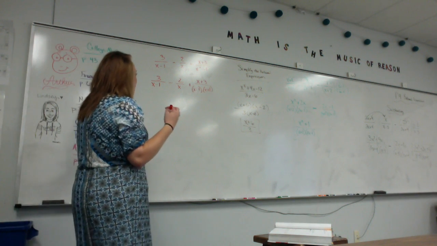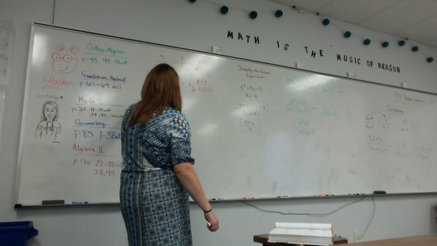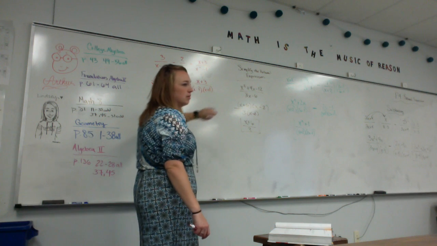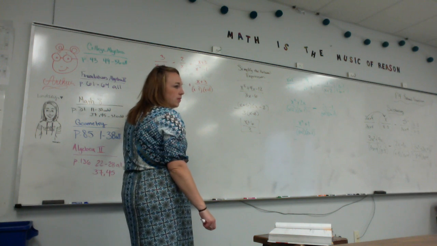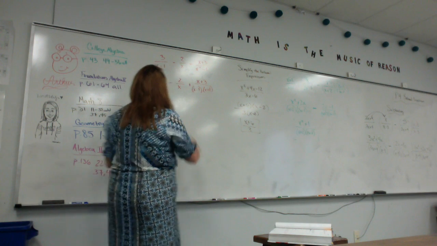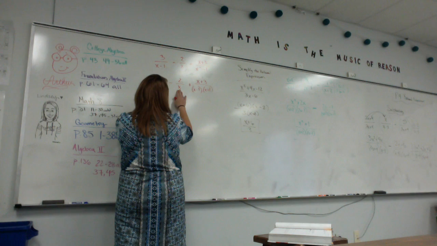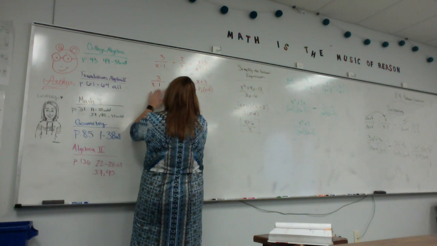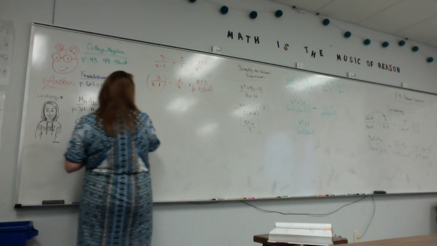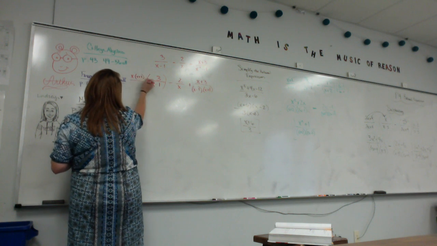So the way I ask this question is, what is this bottom portion missing from here and from here? It has an x minus 1. What am I missing from here? Just an x plus 1, right? So I need to take this part of my fraction and multiply it by x plus 1 on the top and bottom.